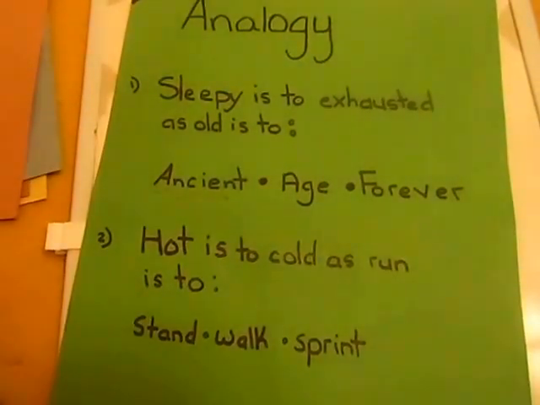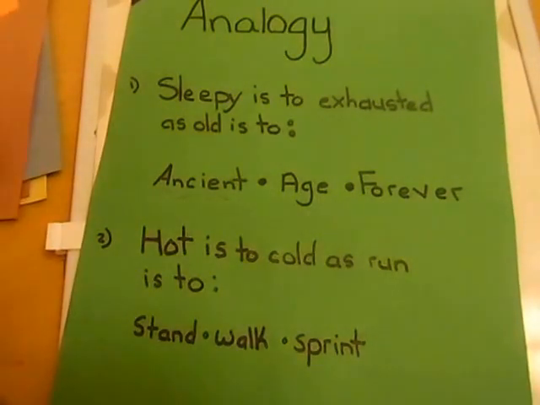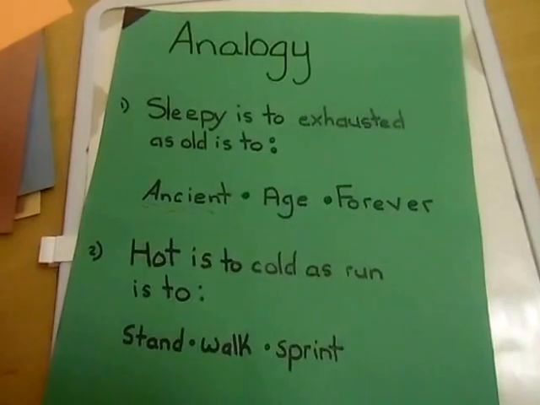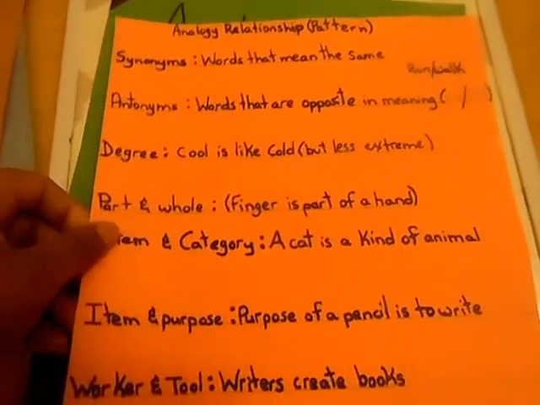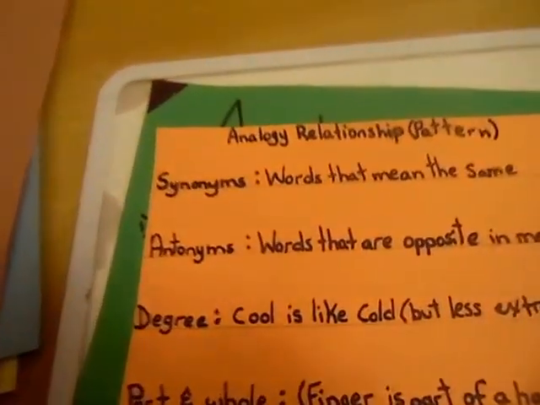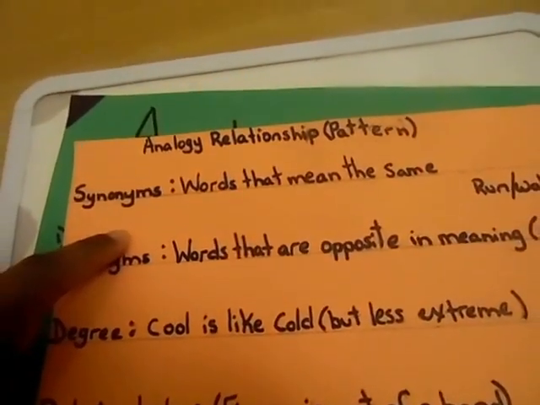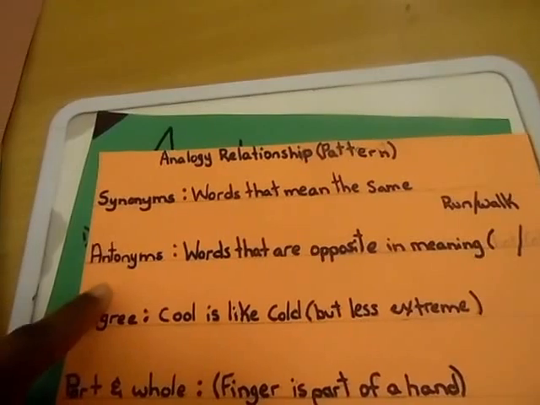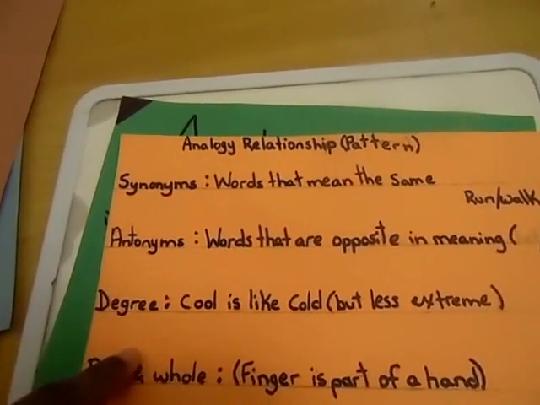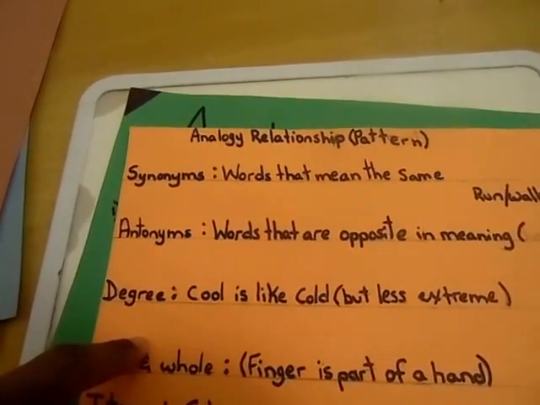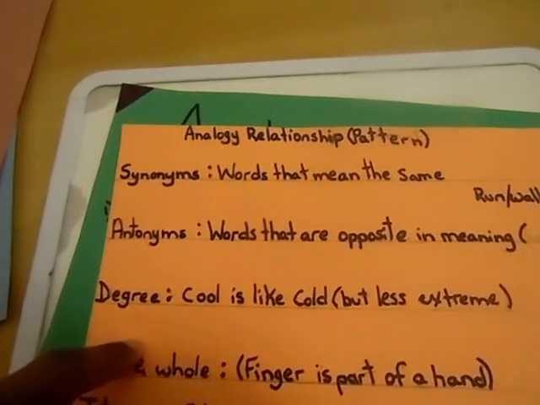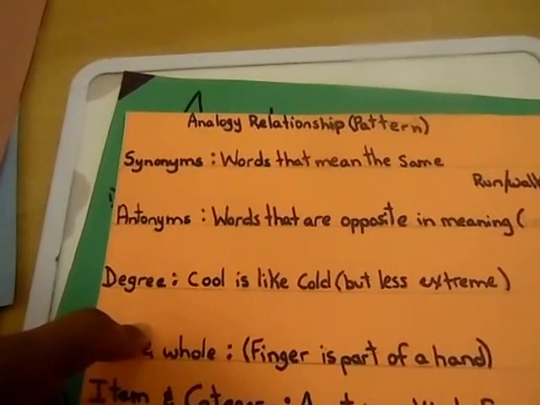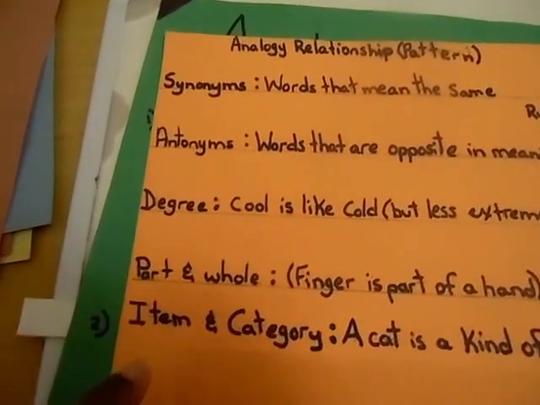Okay? I'm going to share with you the 9 patterns for analogy. Okay, so the first pattern is synonym, and we did a question for that. Antonym, degree meaning cool is like cold, or warm is like hot, but less extreme.